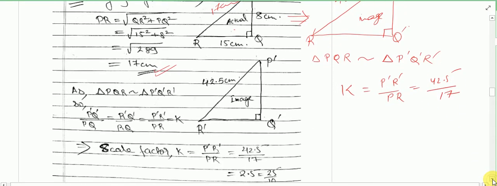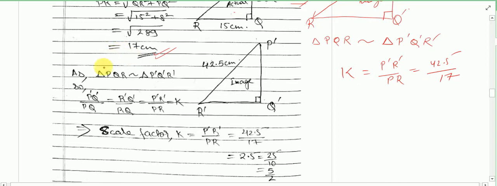As triangle PQR is similar to triangle P dash Q dash R dash, we write the image sides in the numerator: P dash Q dash upon PQ, R dash Q dash upon RQ, P dash R dash upon PR, equal to K. This is the scale factor.